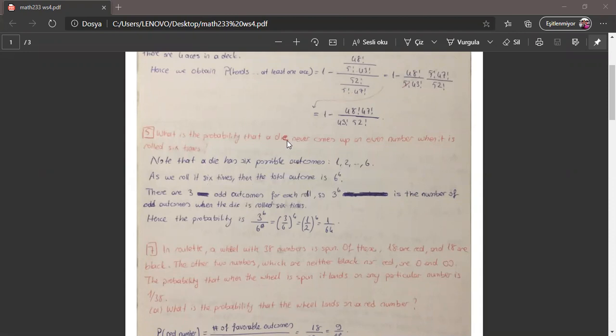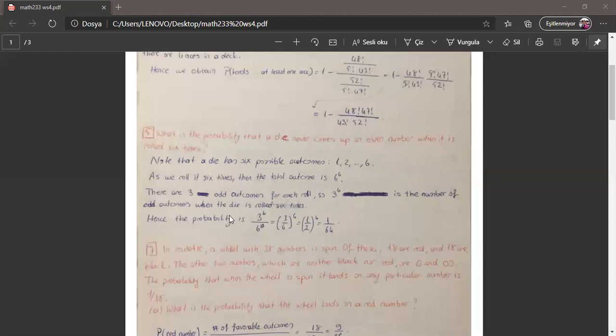And what do we want? We want that the die never comes up an even number. So we have 3 odd outcomes for each roll, because either 1 will come, or 3, or 5. We have 3 odd outcomes for each one, and we roll it 6 times, so we have 3 to the 6.